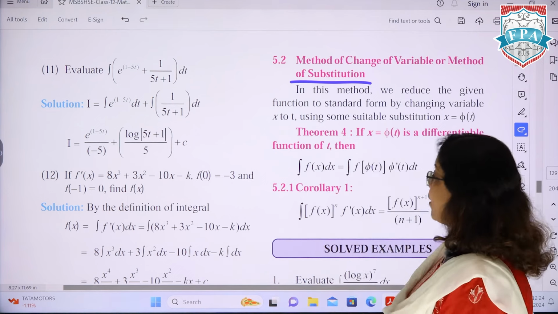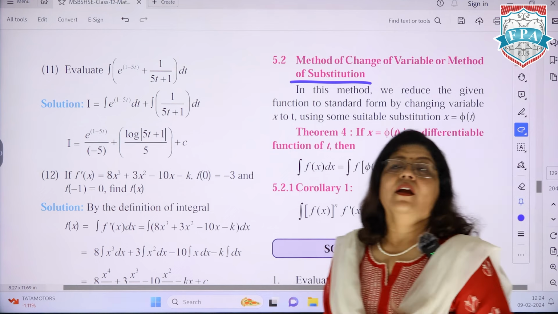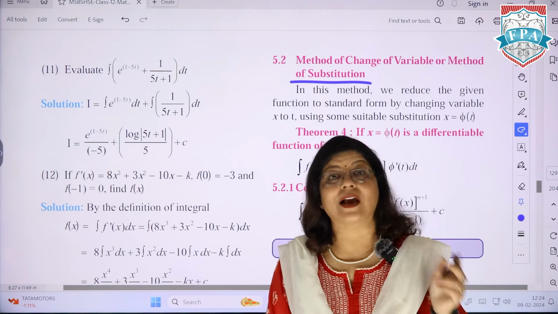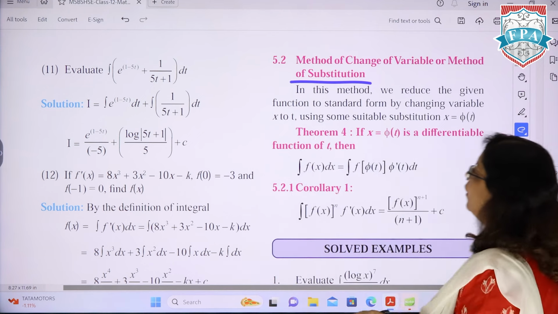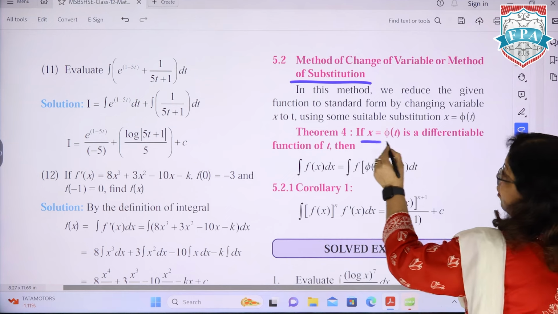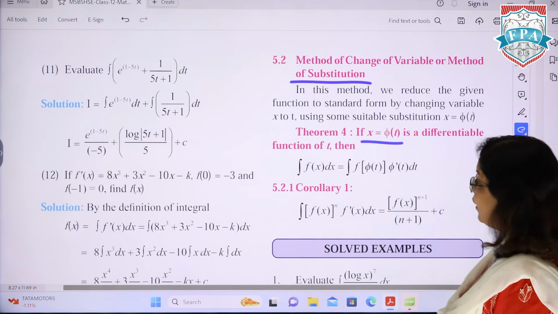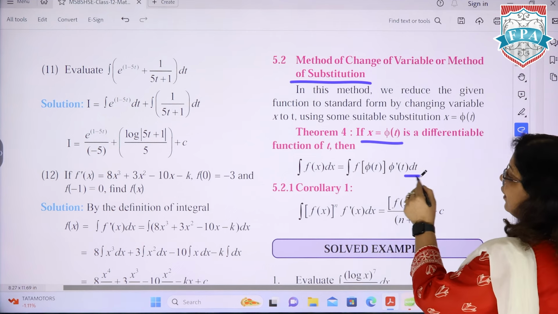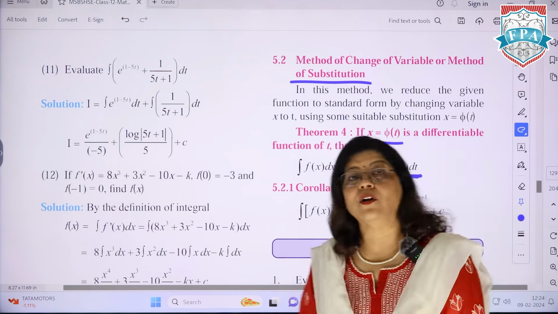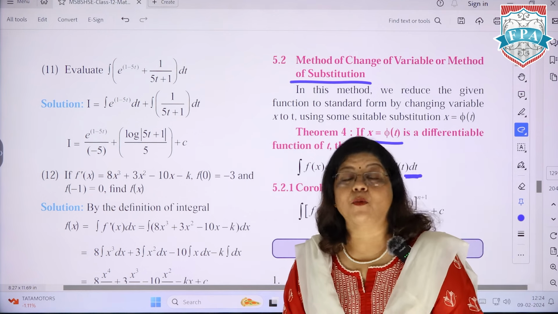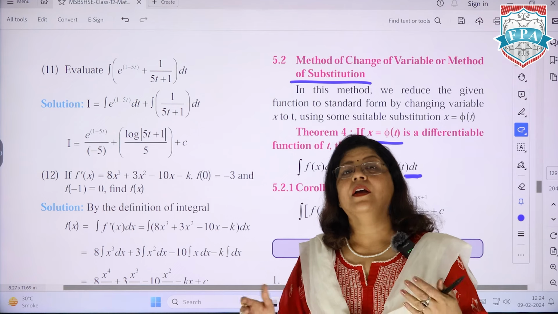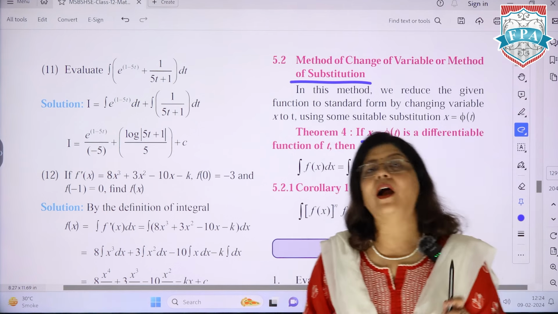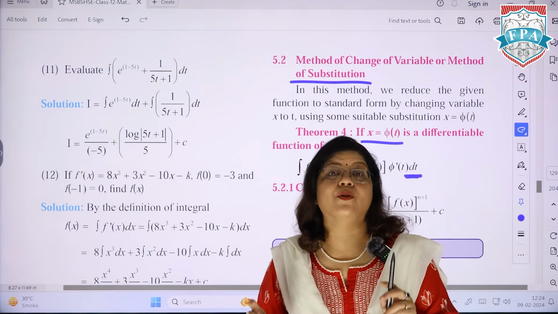So if we are assuming t is equal to, say, ax square plus bx plus c, then we have to convert dx as dt. And here the complication comes. If we are assuming x as phi of t, then the function will get converted with dt in the picture. So we'll be learning this part also. Now I'll make you do some questions so that you get a better idea of how we are doing, and as I was telling earlier, I'll be telling you why we are using C, the constant of integration, here.